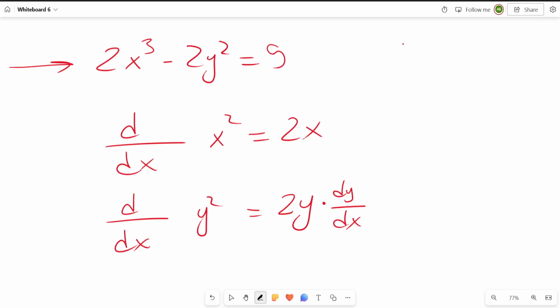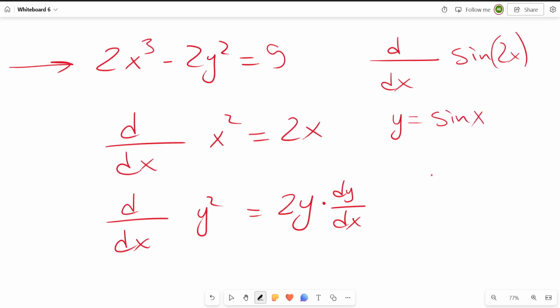It kind of looks like the chain rule. Let's say I have the differentiation of sine 2x, so if I called y equals sine of x, or sine of 2x, this is basically the same thing.